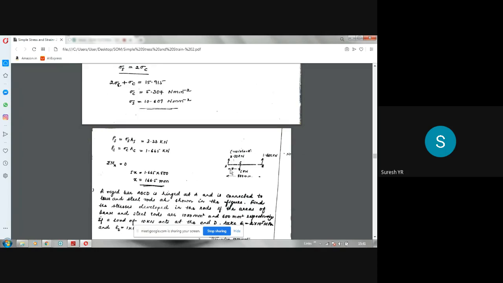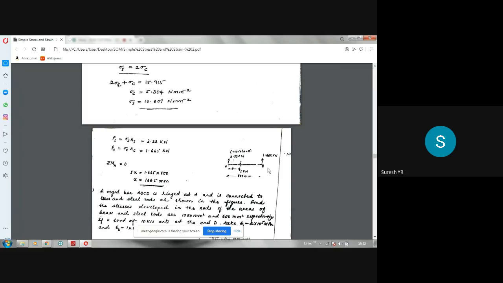To find this X, we have to take the sum of the moments about point A and equate it to 0. Assuming clockwise moment positive, 5 into X is the moment due to this 5 kilonewton, giving a clockwise moment. 1.665 is giving an anti-clockwise moment about point A. So 5 into X minus 1.665 into 500, the distance being 500, is equal to 0.